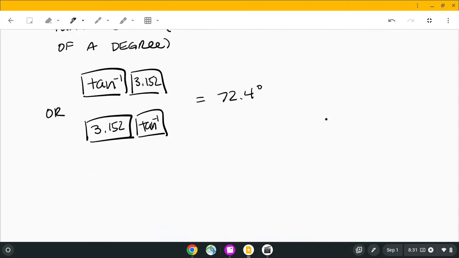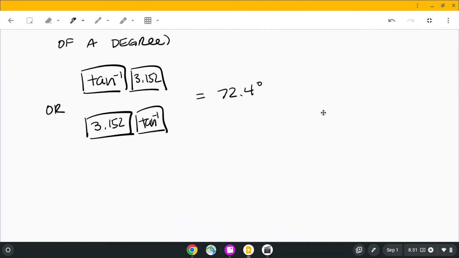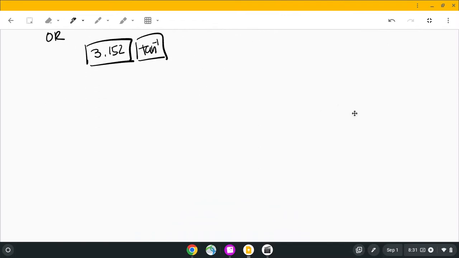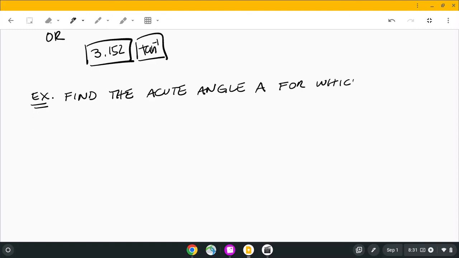All right. Let's go ahead and try another one. Find the acute angle A for which sine of A equals 0.3733.